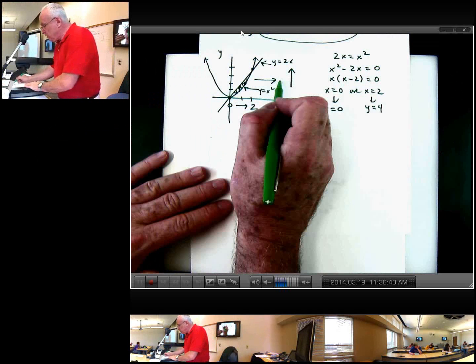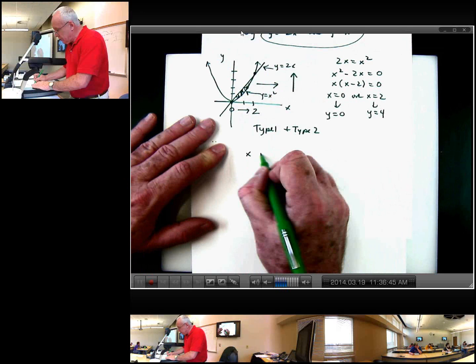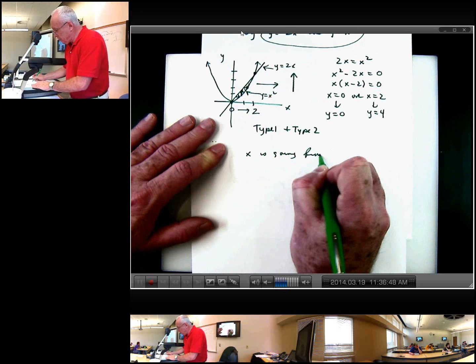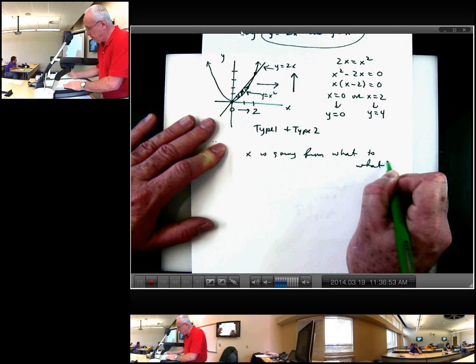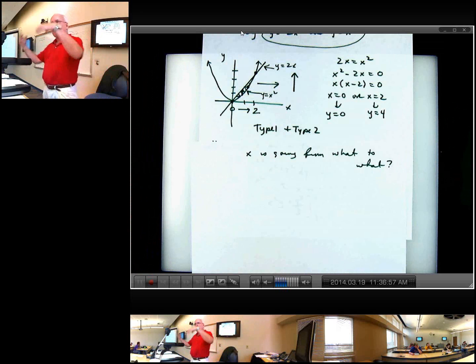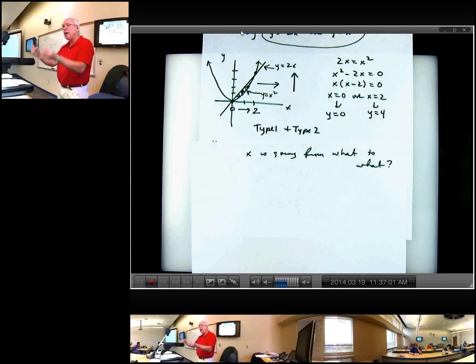Now, when we do it this way, we have to say, well, x is going from what to what? Yeah, right. We have to rewrite our curves. Instead of y as a function of x, we have to write them as x as a function of y.